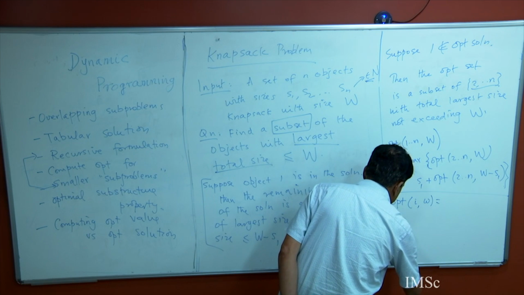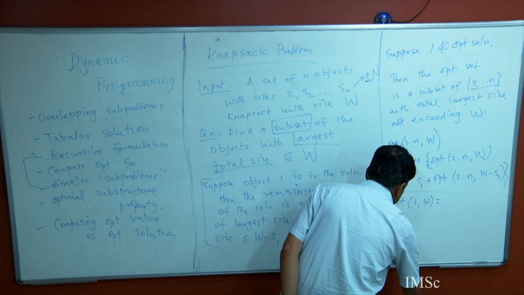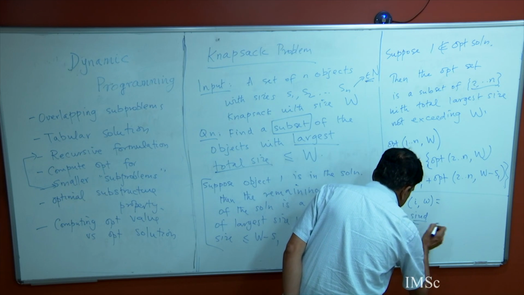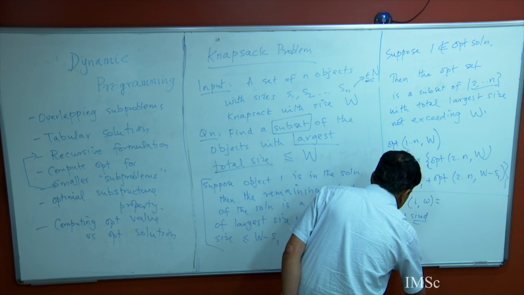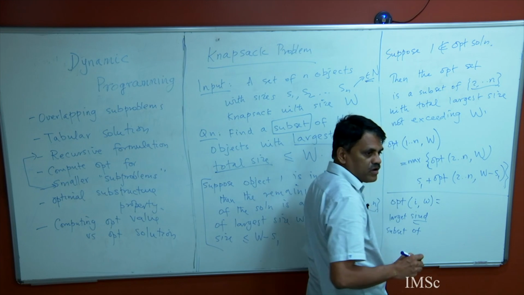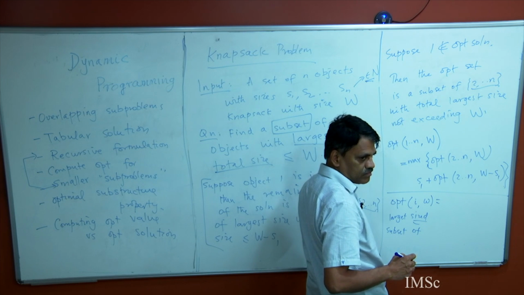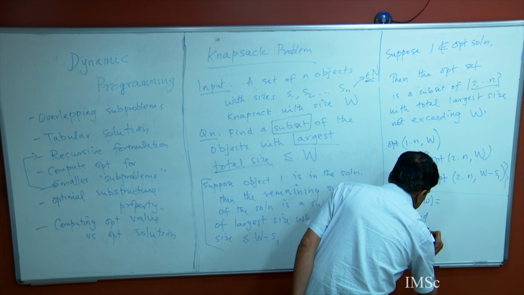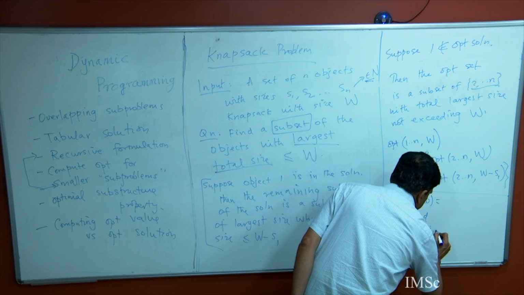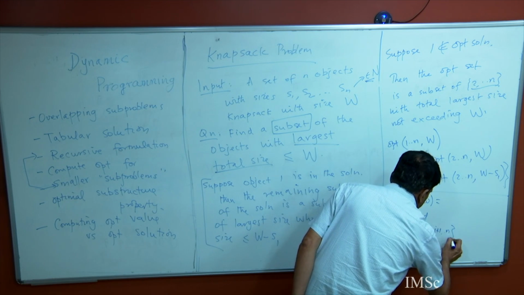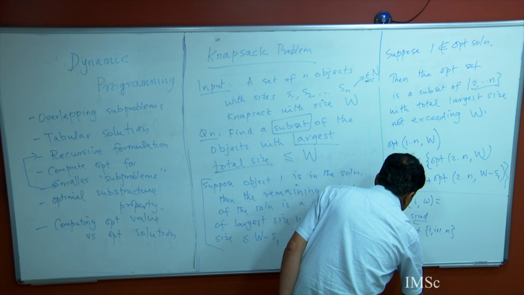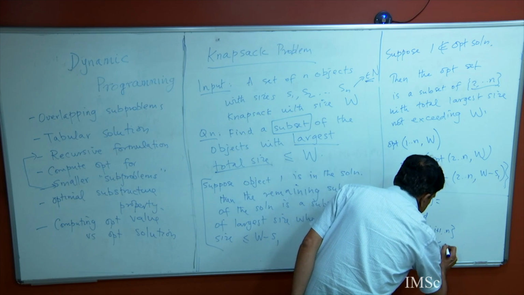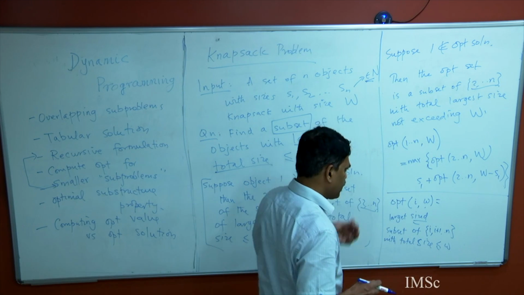The semantics of this is the largest sized subset of I to n, where sized includes the sizes, with total capacity, or total size, at most this little w, right?